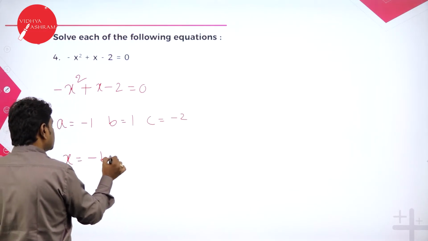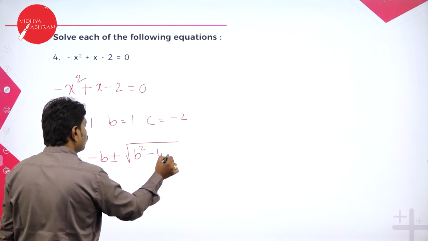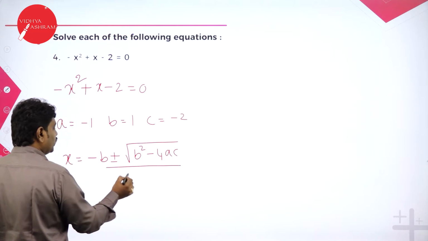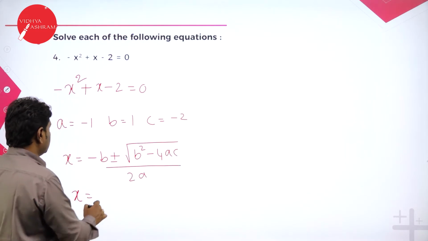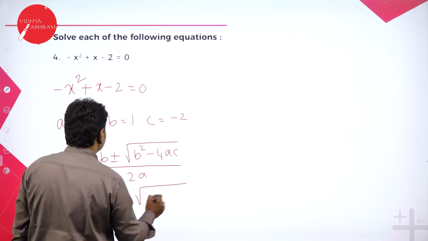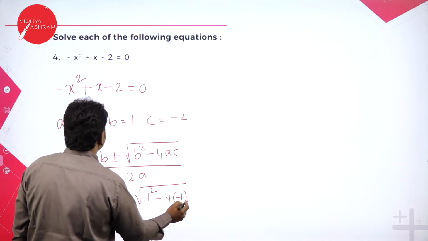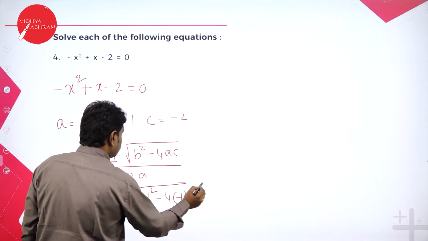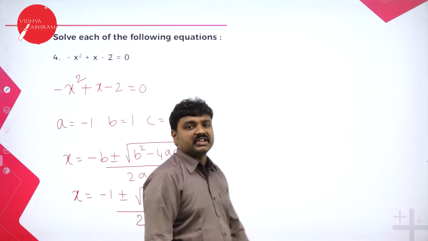Minus b plus or minus root of b square minus 4ac divided by 2a. So that is x is equal to minus b. What is minus b? Minus 1 plus or minus root of b square, 1 square, minus 4ac. What is a? Minus 1. What is c? Minus 2 divided by 2a. 2 into minus 1. Simplify this further.